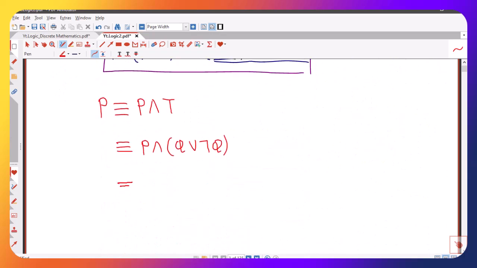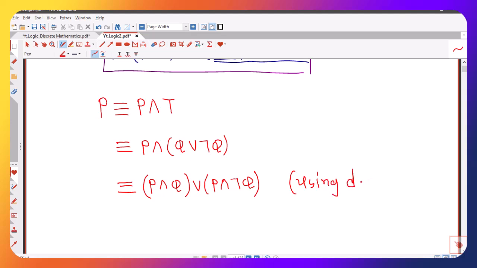Then we will use distributive law. So here I have P and Q or P and negation Q. So this is using distributive law. And now we can see we have two min terms, and they are connected by OR operator.